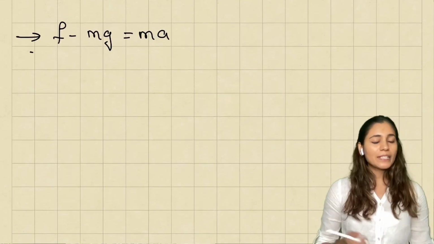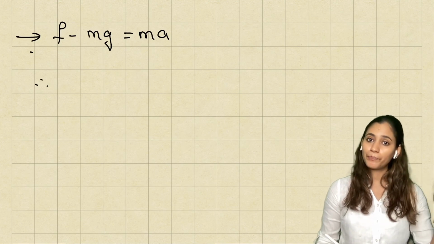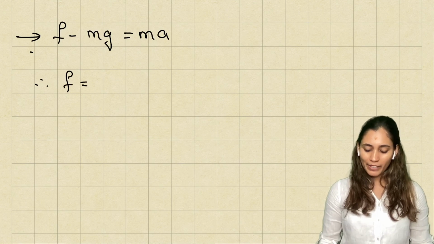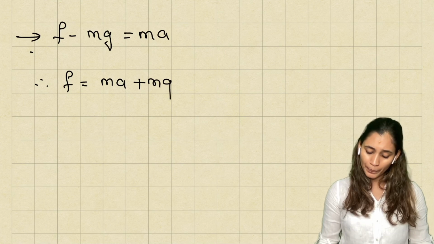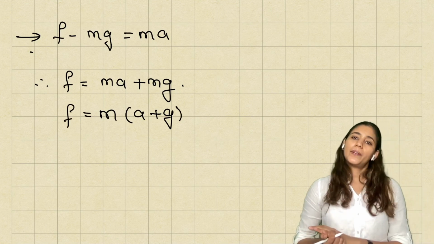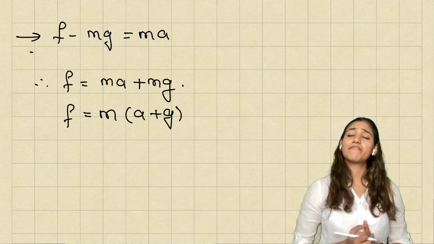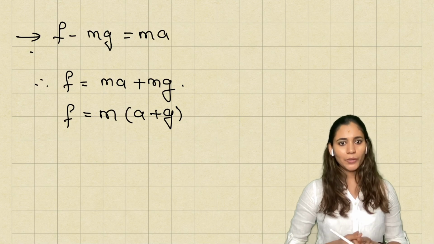Further, if we simplify this, because we want to find F, which is the magnitude of the frictional force, F is equal to ma plus mg. We can take m common, so F is equal to m times (a plus g), where m is the mass of the monkey. If we know the acceleration of the monkey, and g is known, we can find out the frictional force.